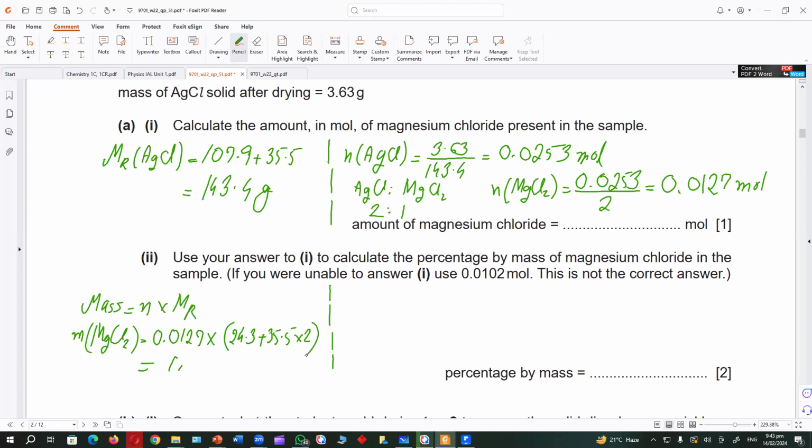So what is the final answer now? 1.21. So this is my mass of magnesium chloride. So let's make the percentage: 1.21 upon 1.52 into 100. It will be 79.6.